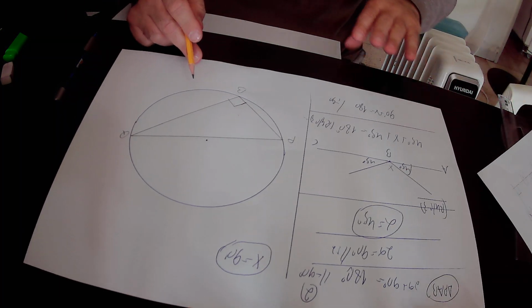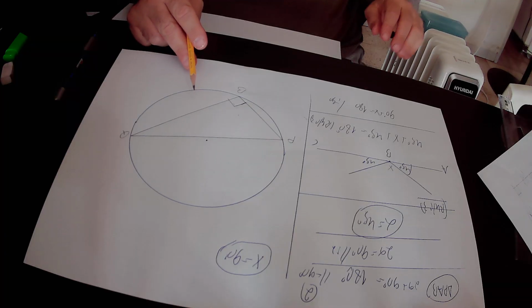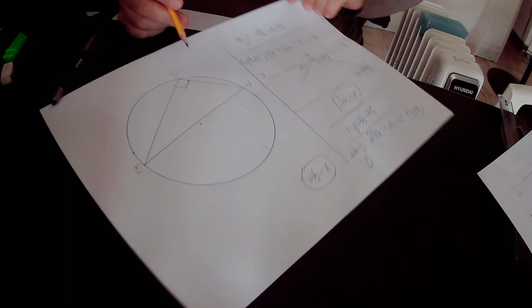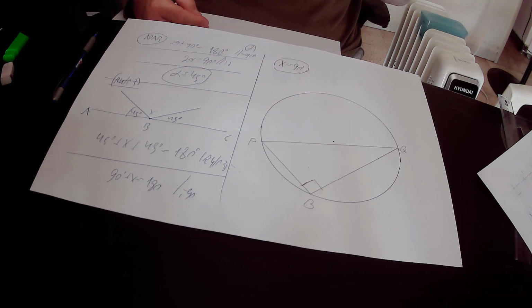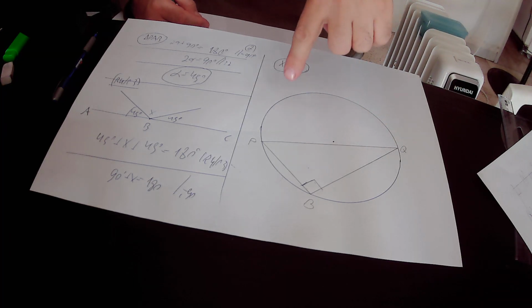So actually, this is the right angle PBQ that I copied from the original drawing. Here, I block this right angle PBQ by this circle.